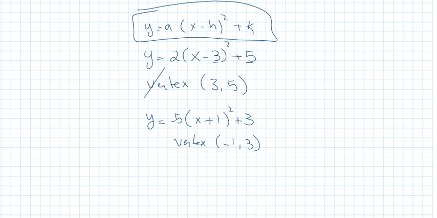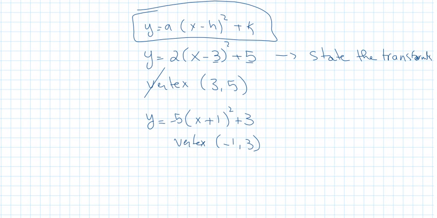So we're working backward here, okay? Usually, I give you this, and I tell you, state the transformation. That's what we've been doing the past couple days. And I usually ask you to graph.